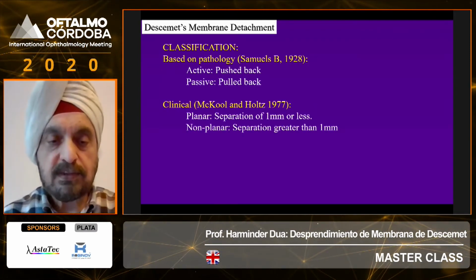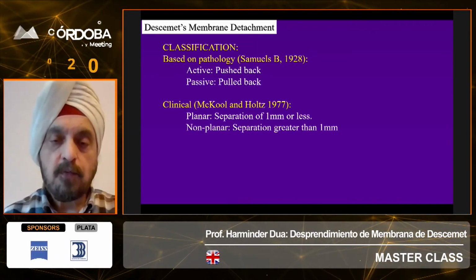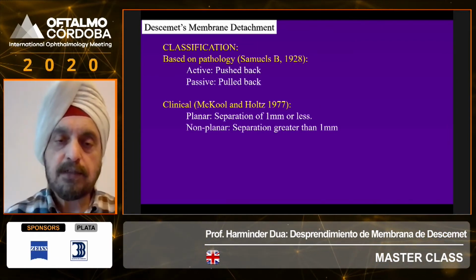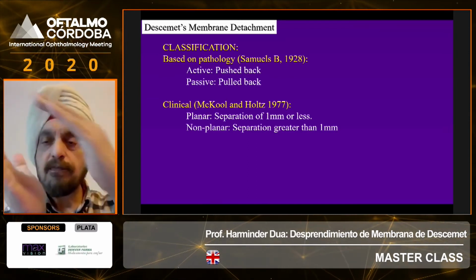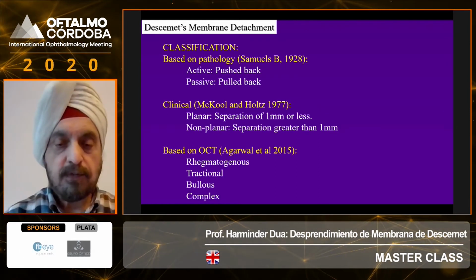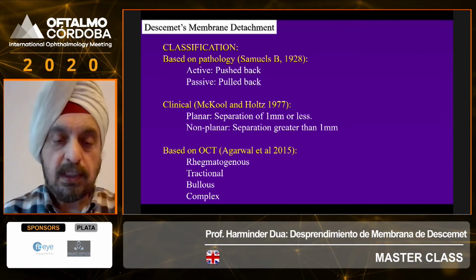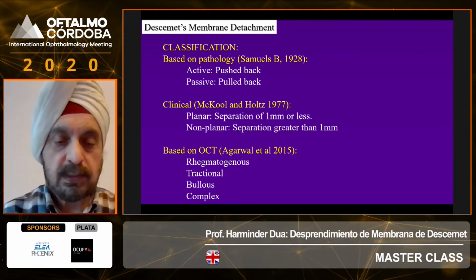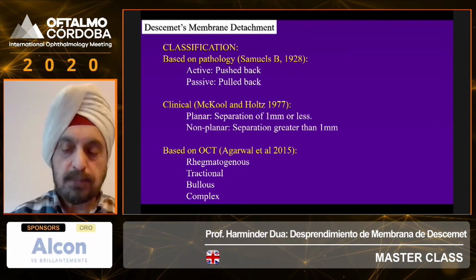McCool in 1977 came up with a classification where he said it can be planar, which means that the Descemet is separated from the stroma by only 1 millimeter or less. If it is more than that, then he called it non-planar. And recently we had a classification based on OCT by Agarwal's group, where they said it can be rhegmatogenous, tractional, bullous, and complex.